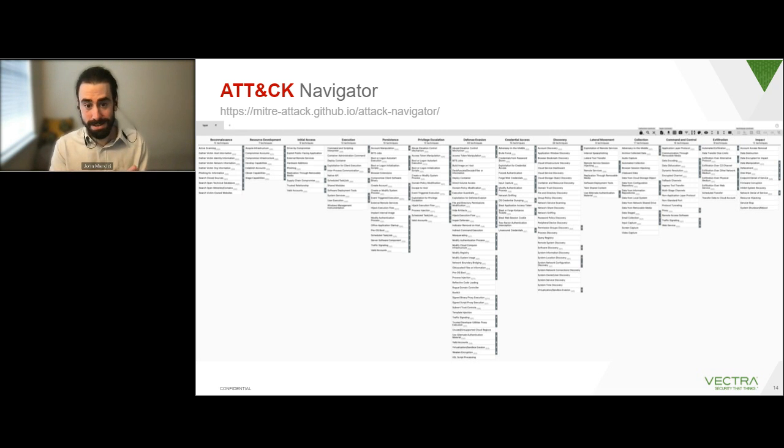It's effectively an interactive framework where you can highlight different techniques, you can annotate it, you can add colors. I'll show in the next couple of slides examples of using those. It's a great way to explore a specific question about the attack framework and to study and learn it. Again, this is a language we're talking about, and knowing what that language means is part of how we leverage it.